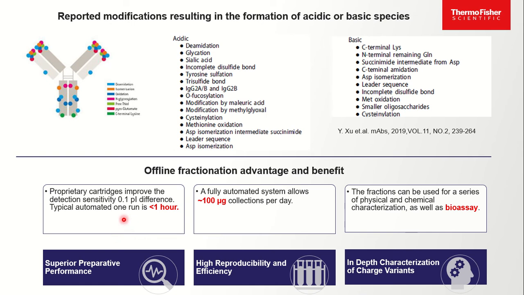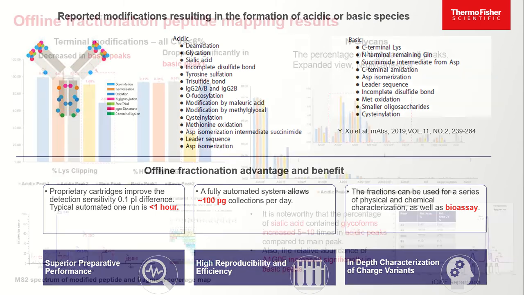By setting up an automated sequence, the system allows around 100 micrograms of protein collection per day. Once these separation and collection procedures are done, the fractions can be used for a series of physical and chemical characterizations, such as LC mass-based analysis and bioassay.